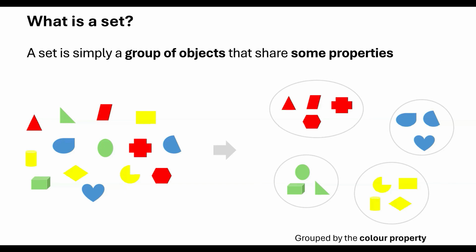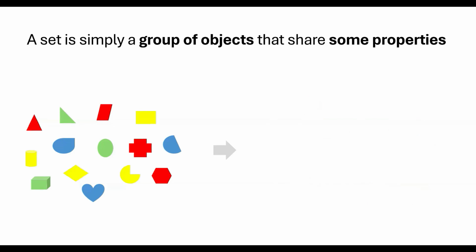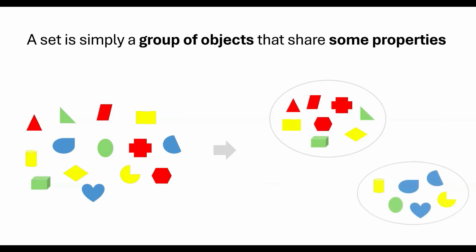Now, there are so many ways you can group these objects. We'll try again. I'm going to group using a different property. Now, I have 2 sets of objects. Can you work out what property I used to do the grouping?